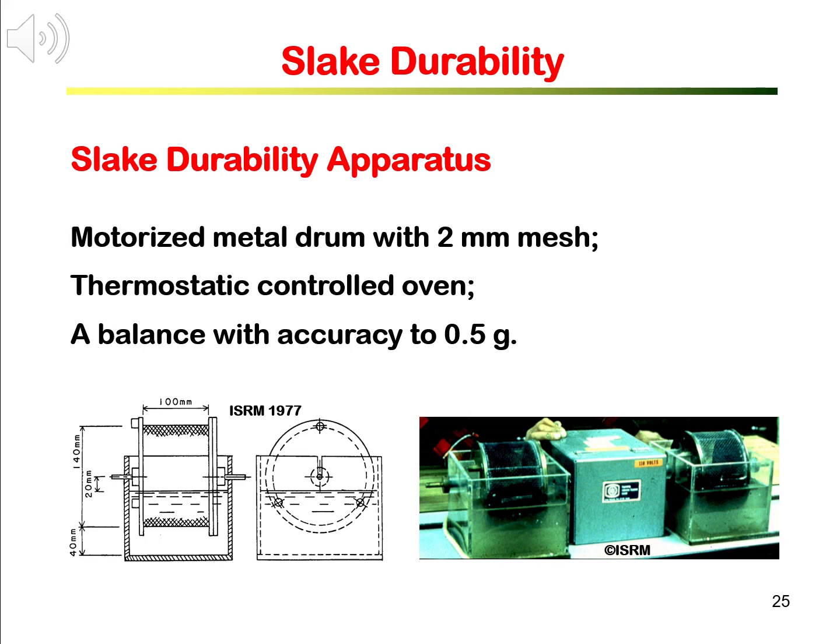The drums are partially submerged in water. The dimension of the drums are specified in the ISRM suggested method. Other apparatus needed are an oven that can have temperature controlled at 105 degrees C to dry the specimens, and a weighing device with accuracy of 0.5 gram.